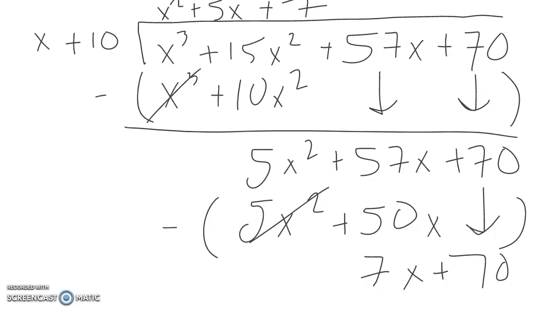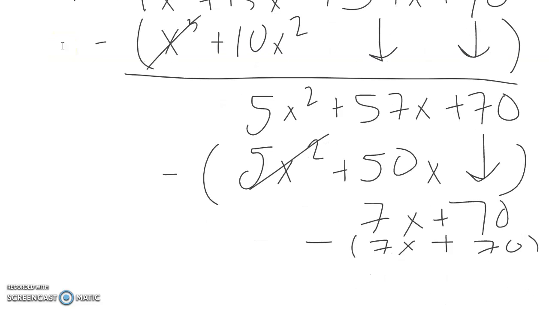So x times 7 is going to be 7x. And 10 times 7 is going to be 70. We're going to put an addition right there with parentheses, minus.